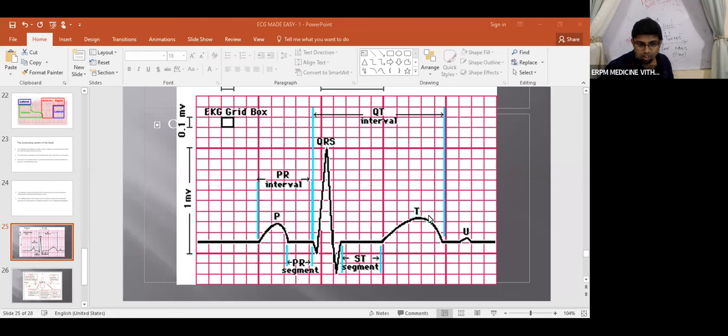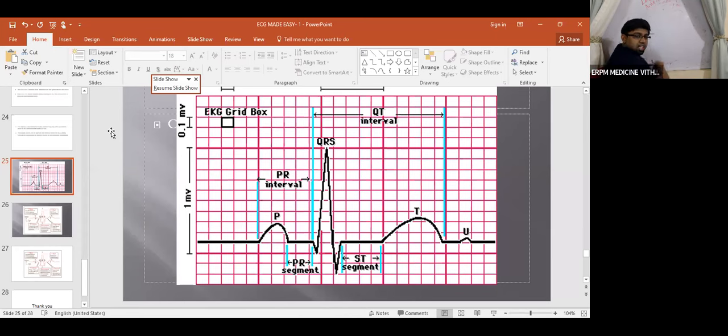Now, if you look at the ECG, from the good old days, you might have heard how a normal ECG looks like. There is a wave called P wave.